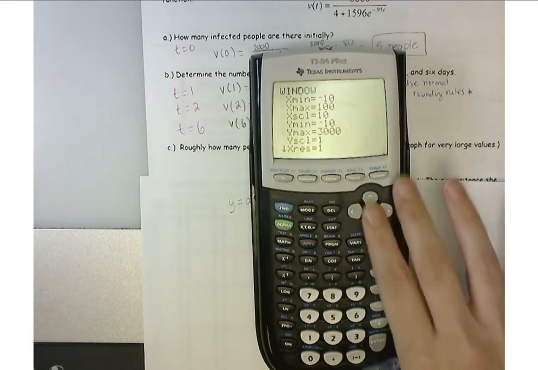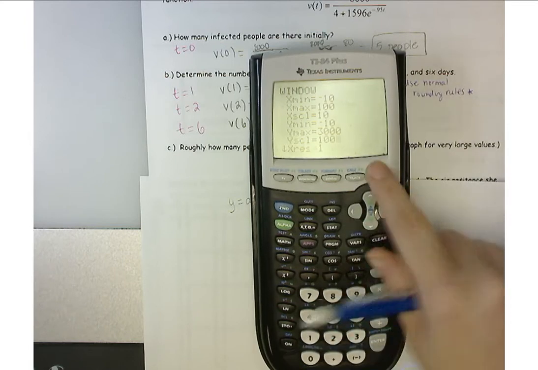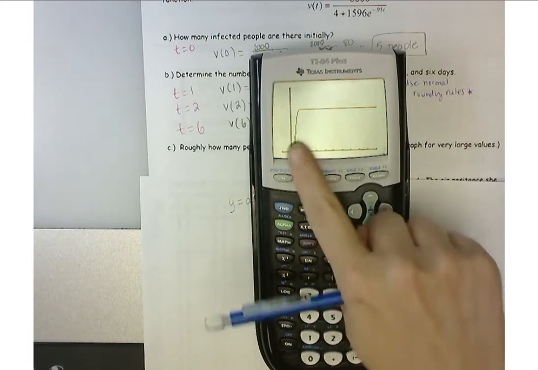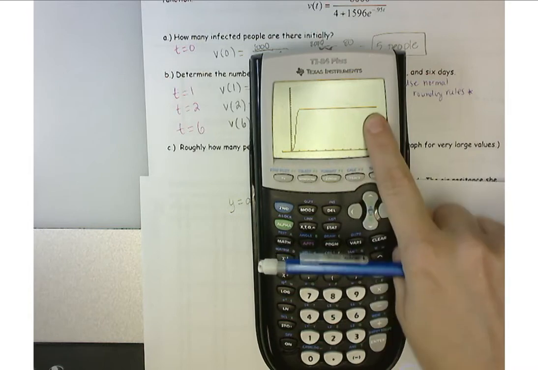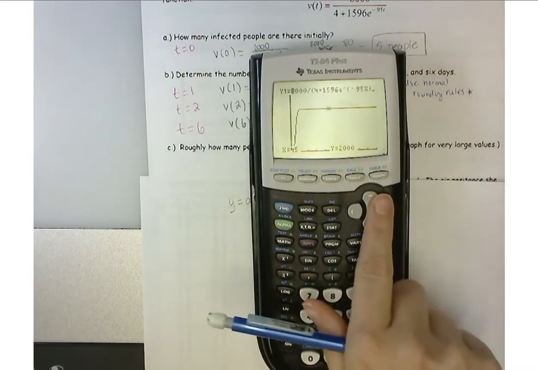You have to play around with what it is. I'll go by hundreds. And even you can see my x's started right away, so I could pick a smaller value for my x's. But you can see that you have this line that looks like it's constant or is approaching a constant.